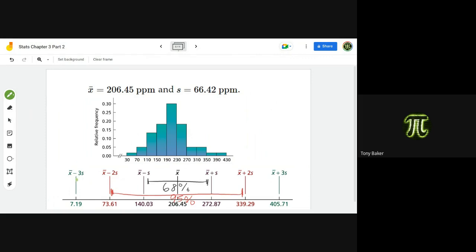And then 3 standard deviations. So if I went all the way across, that's 99.7%. So the key to the empirical rule is 1 standard deviation 68, 2 standard deviations 95, and 3 standard deviations 99.7.